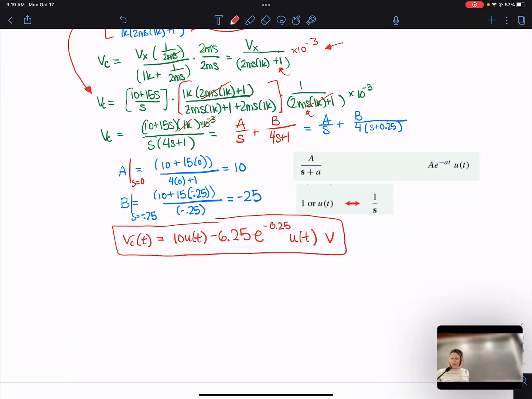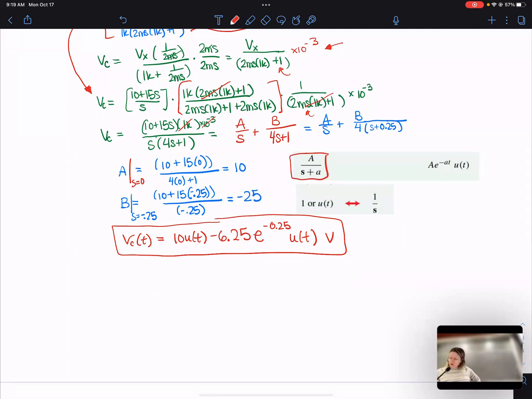So I plug in 0 and multiplied the VC by S. So 10 plus 15 times 0 over 4 times 0 plus 1 ends up being 10. And then for B, solving that, I get S is equal to minus 0.25. So I plug in the minus 0.25, and that gives me minus 25.